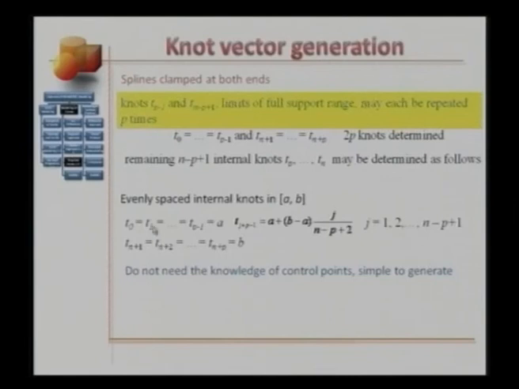Now, realize that this scheme here did not use the knowledge of the position of control points, and it was relatively simple for us to generate the intermediate knots within the interval AB.